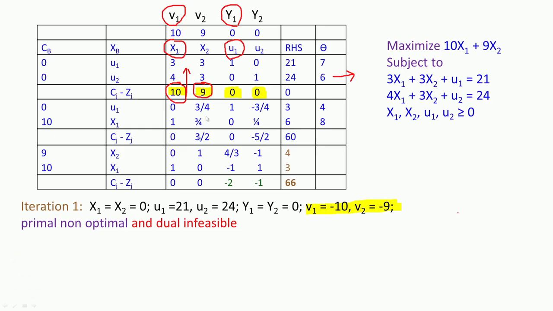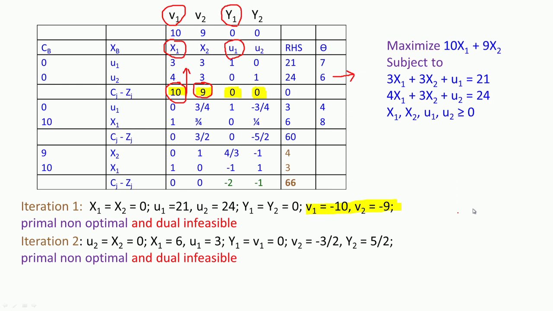Now let us say we do one more simplex iteration, after which we get x1 equal to 6, u1 equal to 3 with z equal to 60. Now let us see what happens to that. Now our second iteration is x1 equal to 6, u1 equal to 3.